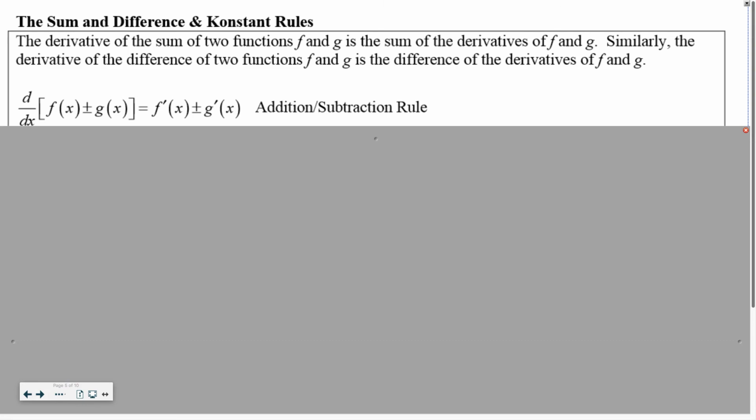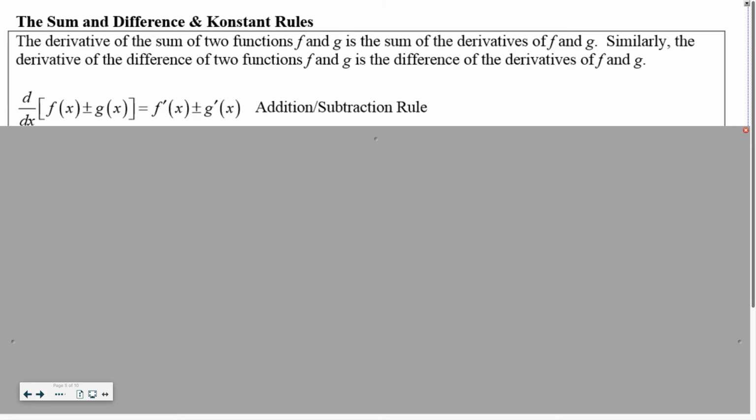I want to make it official. If you are adding or subtracting terms like 5x squared plus 3x, we can take their derivatives individually and add them together.